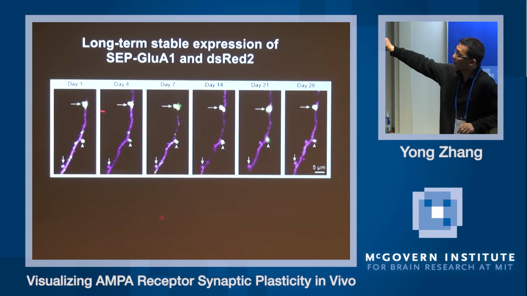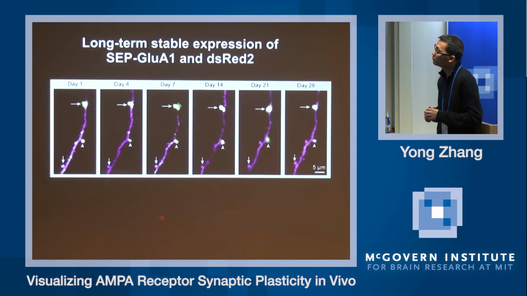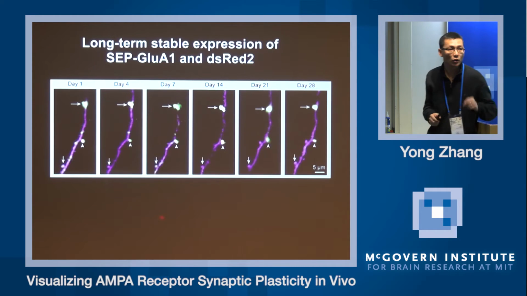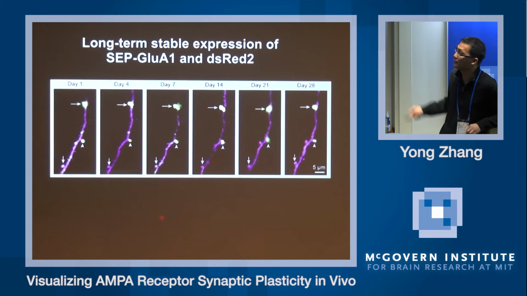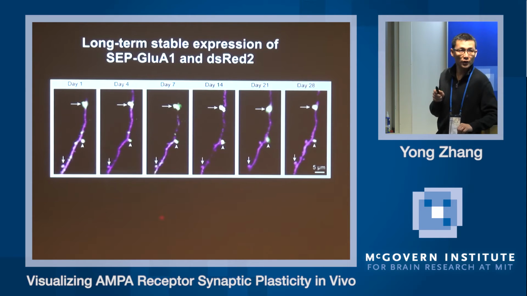As we can see, over the course of 1 month, we were able to detect very stable expression of the fluorescently tagged AMPA receptors and also of the DsRed2. Another interesting phenomenon we noticed from this experiment is that the relative synaptic strength, judged by the intensity of the fluorescent AMPA receptors, is also kept relatively stable during this period.